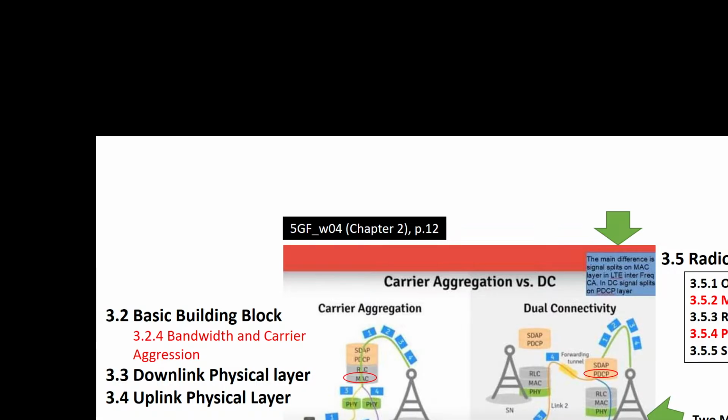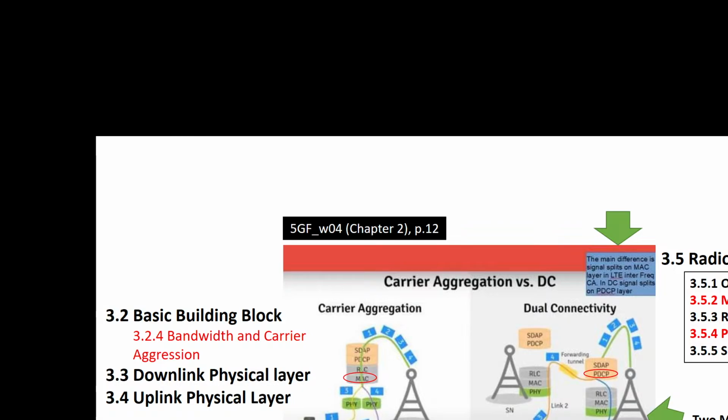So we need something like this one, where the user equipment connects to the same base station. But how can we boost the data throughput? So we may have two physical connections here.